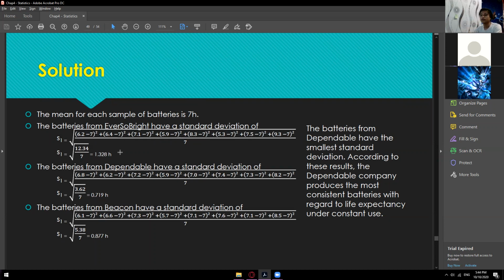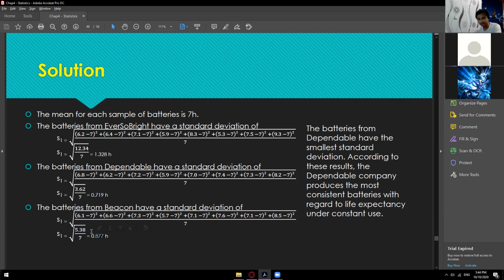So here are what they computed. 1.328 hours is the standard deviation for Ever So Bright. For Dependable, 0.719 hours. For Beacon, 0.877.